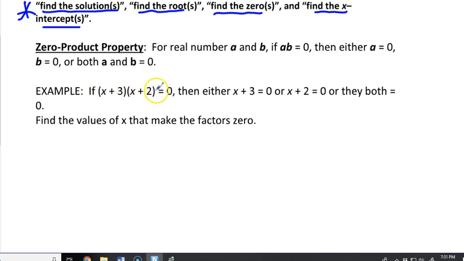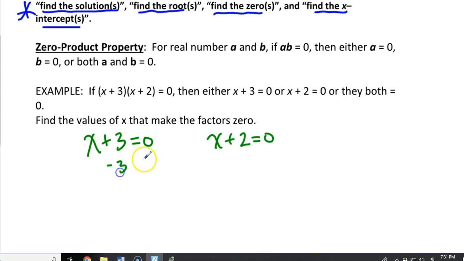We have this product that equals 0. That must mean that the x plus 3 equals 0, or the x plus 2 equals 0, or that they both equal 0, right? So let's find those values. So what we're going to do is set them equal to 0. And then just solve those out. So take a second to solve those and play the recording.